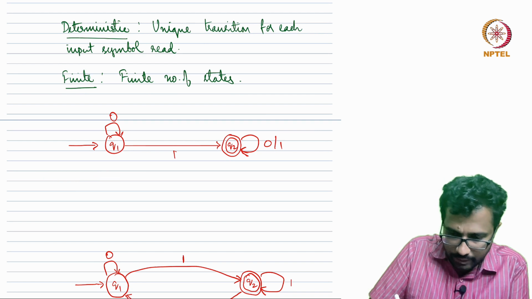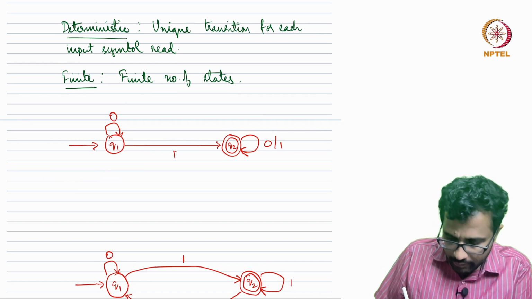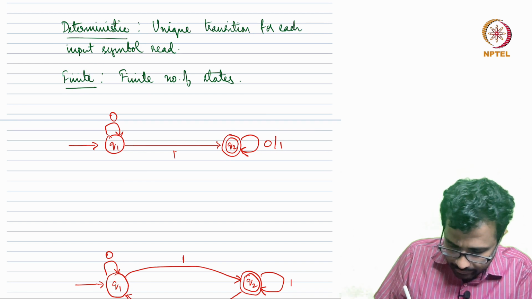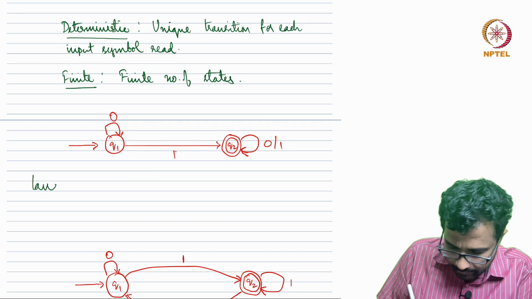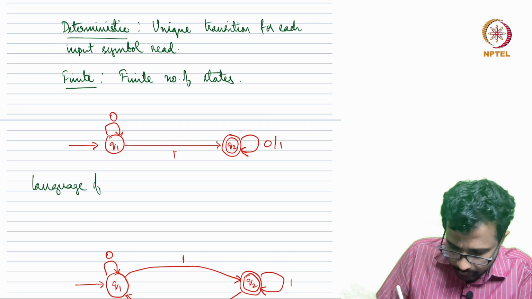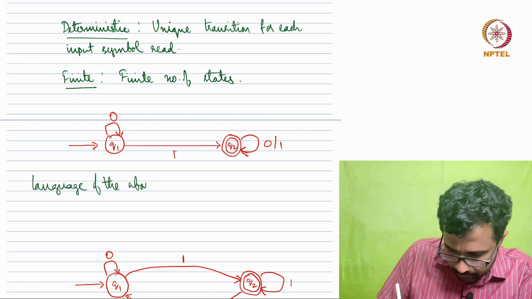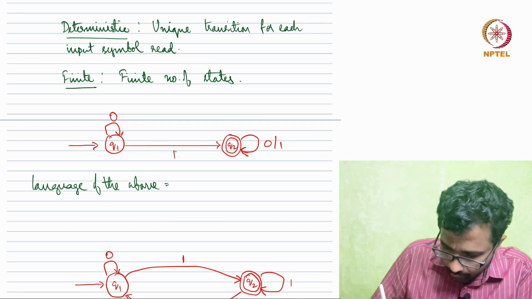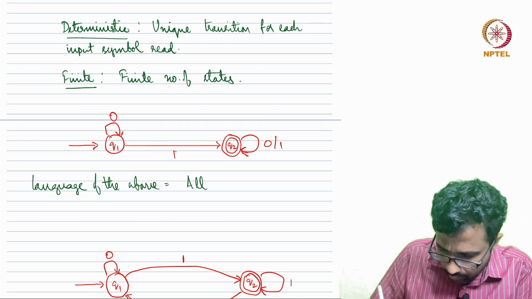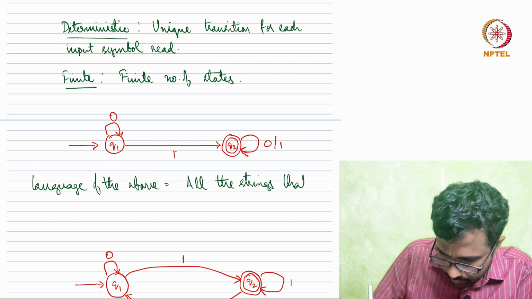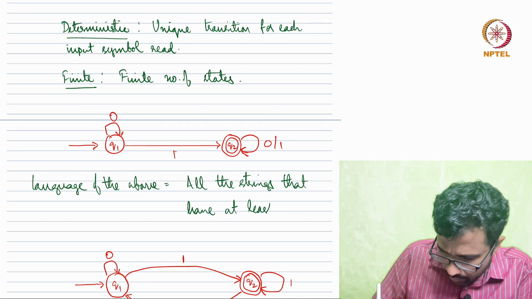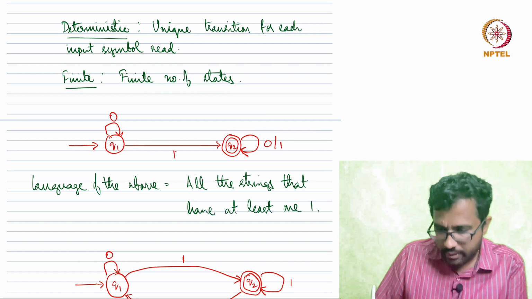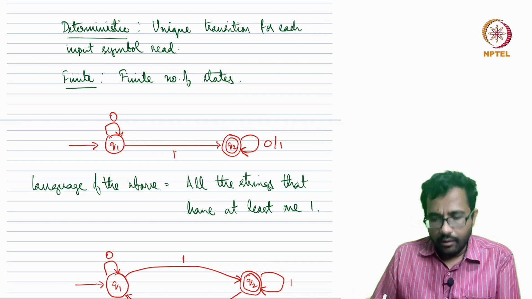Just to summarize, the set of strings accepted, or the language, of the above is equal to all the strings that have at least one 1.